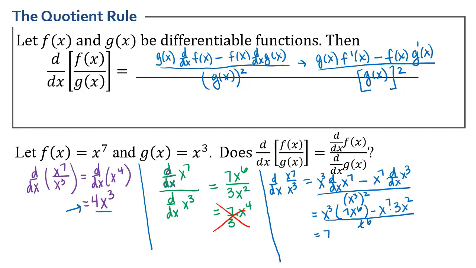So that becomes 7x to the 9th minus 3x to the 9th all over x to the 6th power. So that gives me 4x to the 9th power over x to the 6th power, which becomes 4x cubed, which is exactly what I needed it to be.